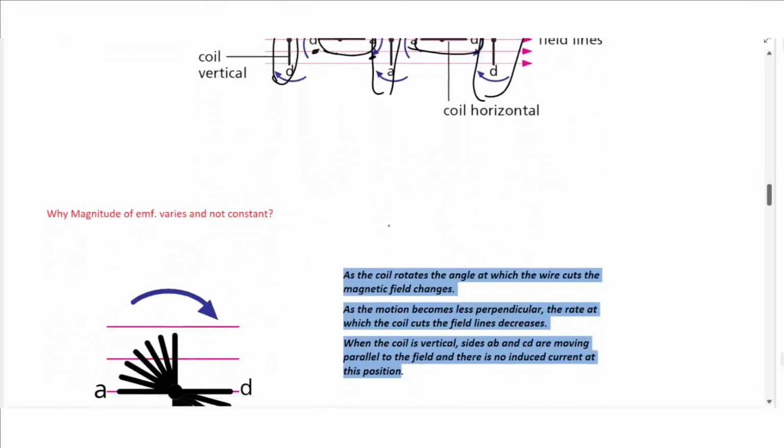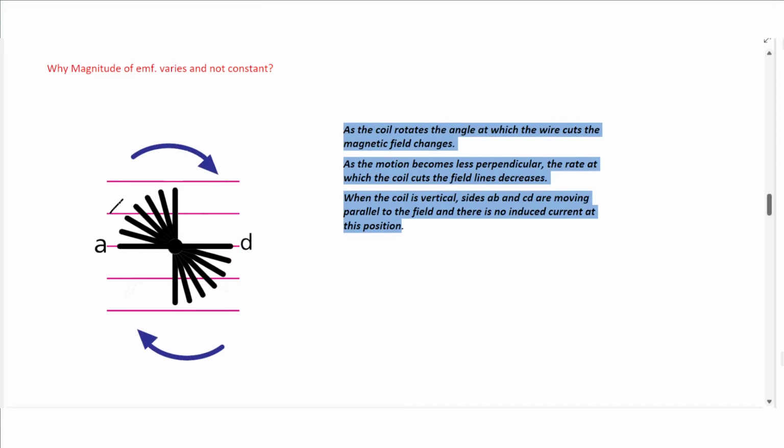But what about in between? In between, the angle of motion is neither parallel nor perpendicular. So perpendicular is maximum, parallel is zero, which means in between with different angles you will have different currents. That's why the current does not keep its magnitude.